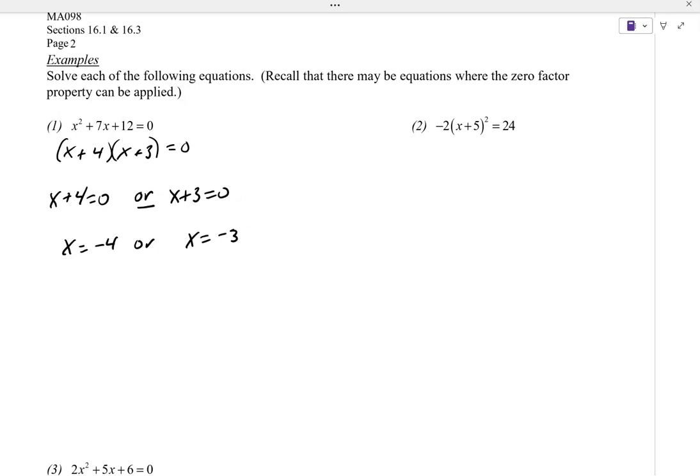If you had just this, what would you do? How do I move that -2 to the other side? Divide it, right? What do you think I want to do in this case? Divide it. Yeah, I just want to get that x plus 5 squared all by itself. So the first thing we'll do is divide both sides by -2.